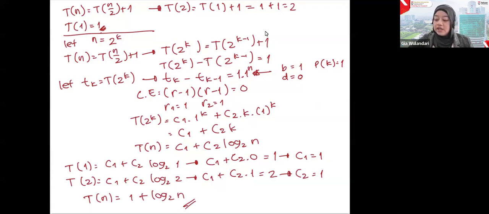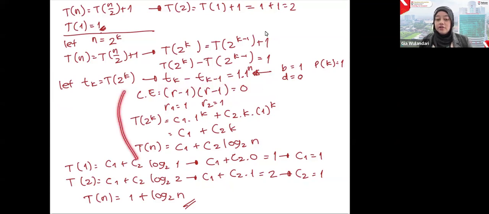Okay, so again, here what you need to do is you assume that n is a power of whatever you have here. So in this case, it is a power of 2. And then you substitute the power to n. And then you rewrite the recurrence function to Tk until you can see a non-homogeneous linear recurrence relation.